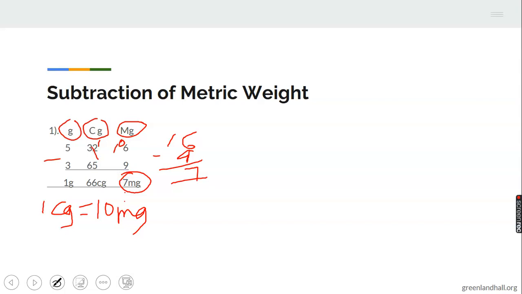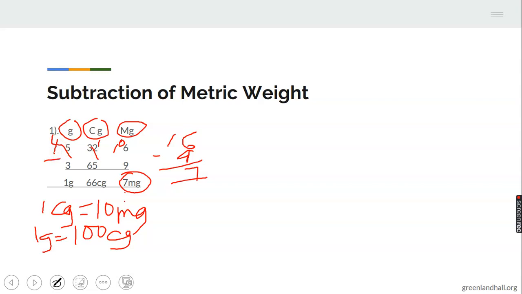What do we do? We borrow from this gram side. I hope you still remember. It is 100 centigram that makes 1 gram. So that means 1 gram will be what? 100 centigram. So if we borrow 1 from here now and bring it here, the one we are bringing here becomes 100. This one remains 4.